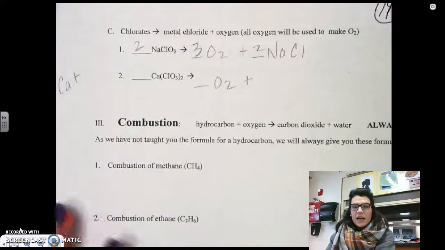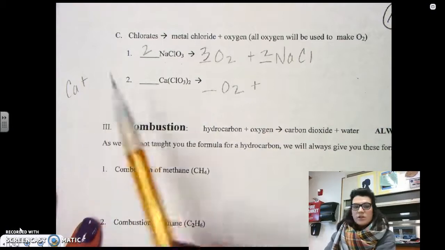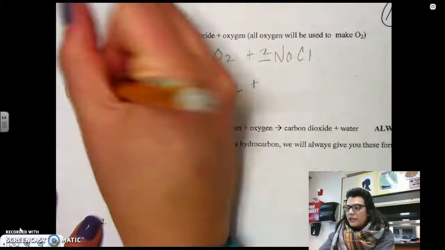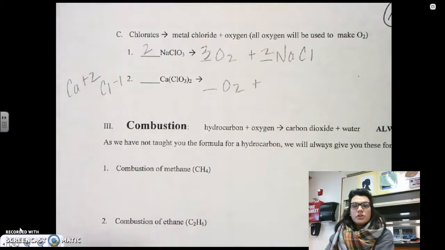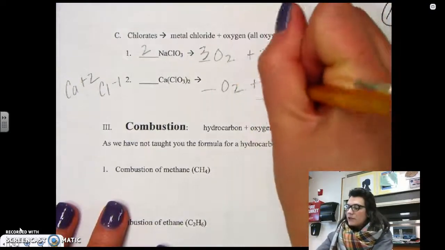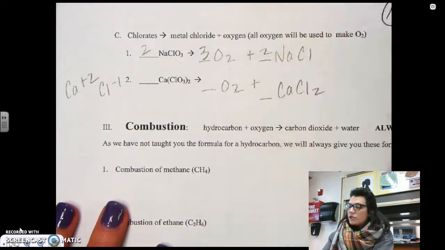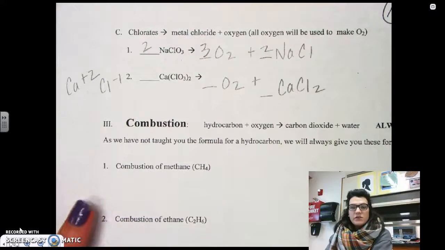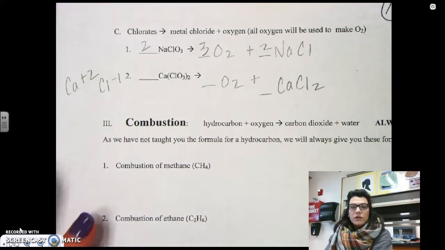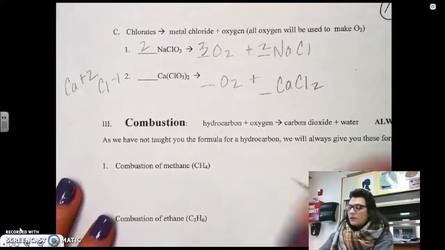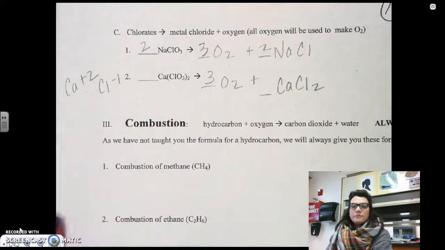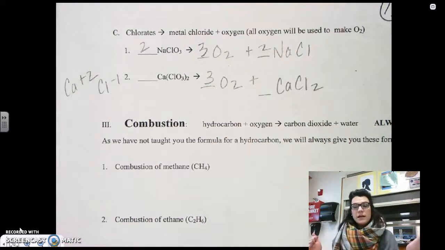Calcium is plus 2, chlorine is minus 1, charges don't cancel, so my metal chloride is going to be CaCl2. The last thing you need to do is balance. Chlorine is balanced, calcium is balanced, oxygen is not, so to balance it, I need to put a 3 here. Okay, so that's synthesis and decomposition.